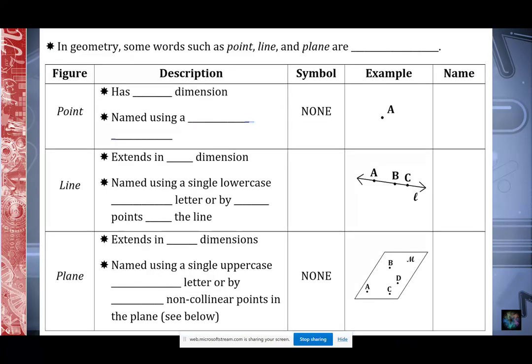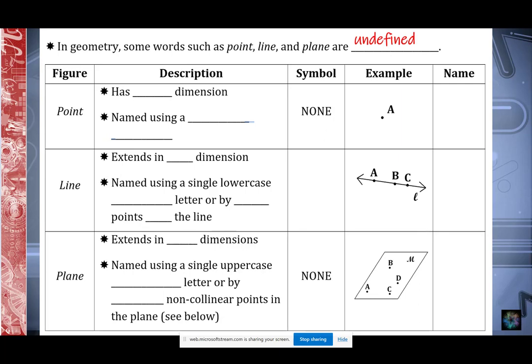So we also are going to really focus in on this unit on points, lines, and planes. And one of the interesting things about geometry, we prove an awful lot in geometry, but these words, point, line, and plane, are technically undefined. We just have to come to an agreement on what we mean when we refer to them, and that's exactly what we're doing.